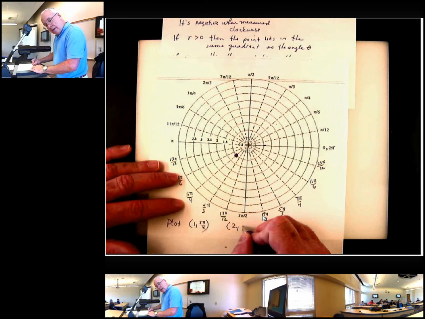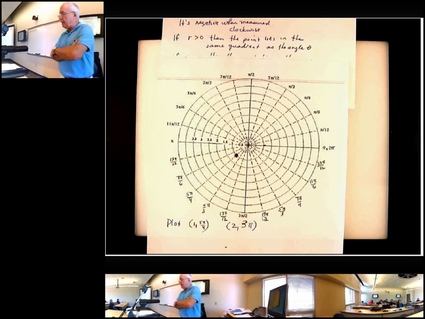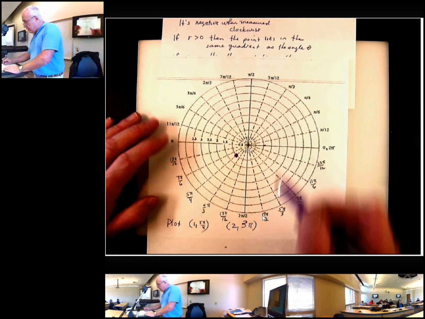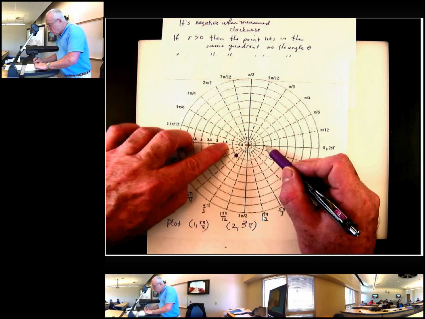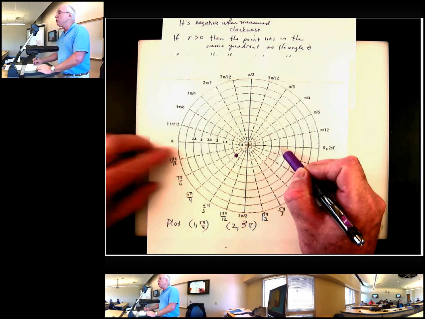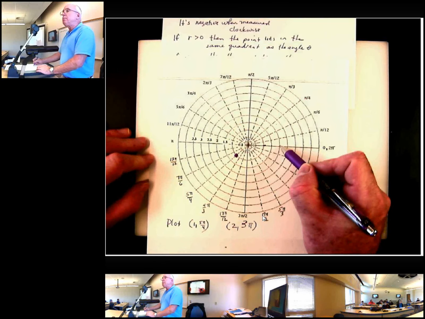Let's look at plotting 2, 3 pi. For the 2, we have 1, 1.5, so this is 2 going out here. And now we've got to go to 3 pi.